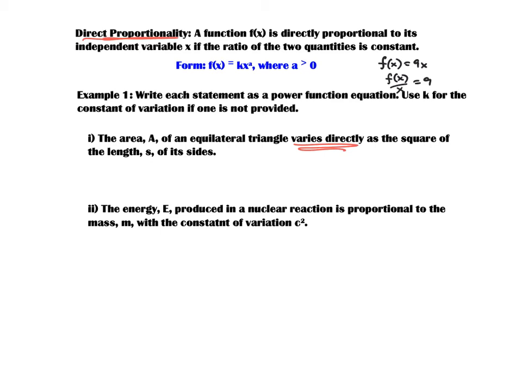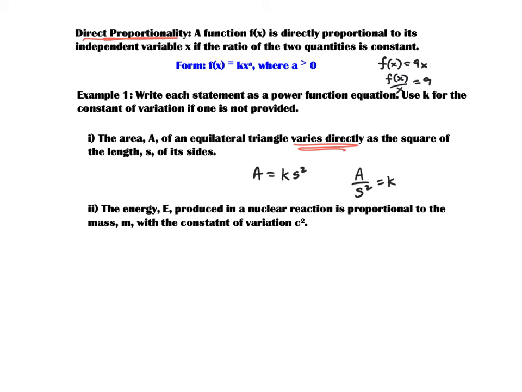You'll see that in the next example. So area is directly proportional, and if I don't see a k value thrown in there for the constant, I just throw k in, to the square of its side length. So there's a direct proportion related there. So the area divided by side squared is always going to be the same constant. That's why we call it directly proportional.